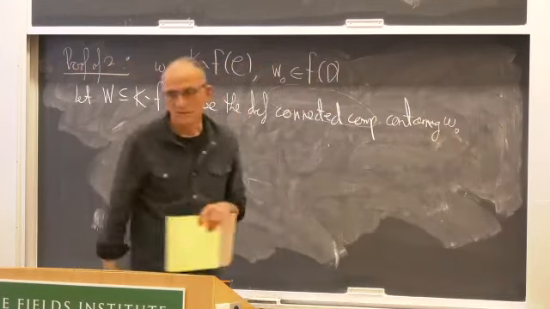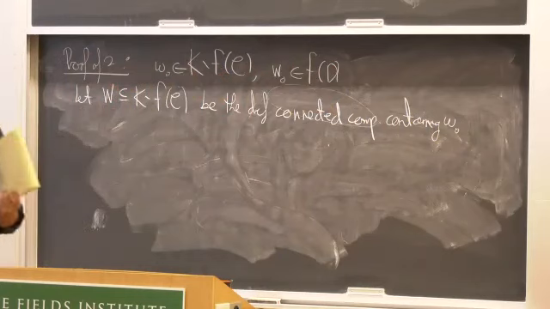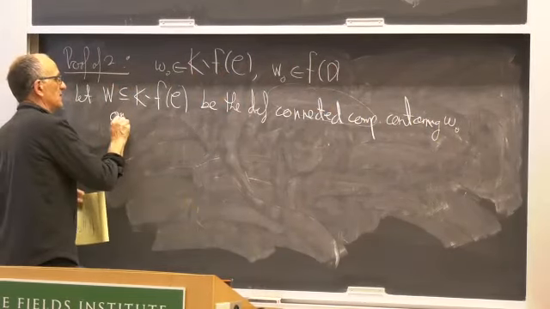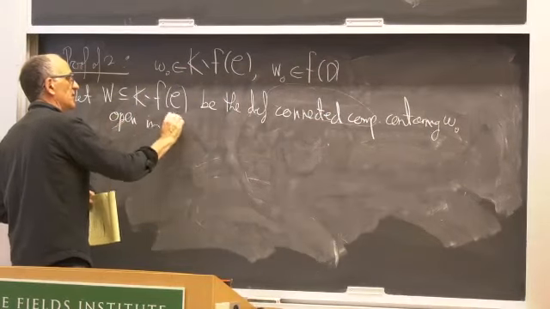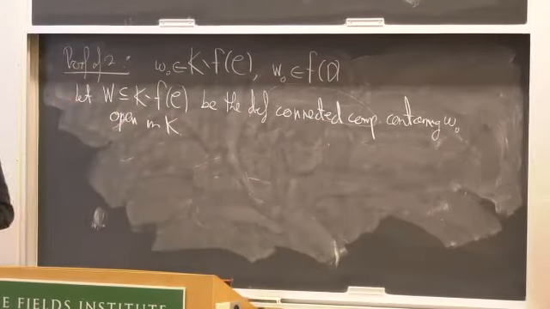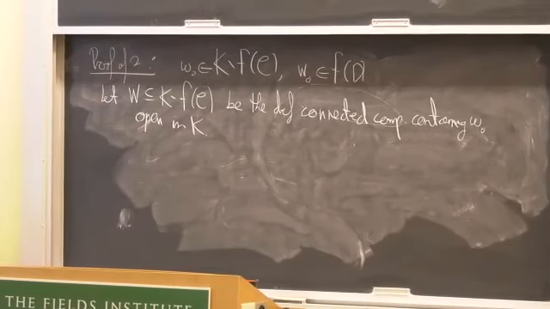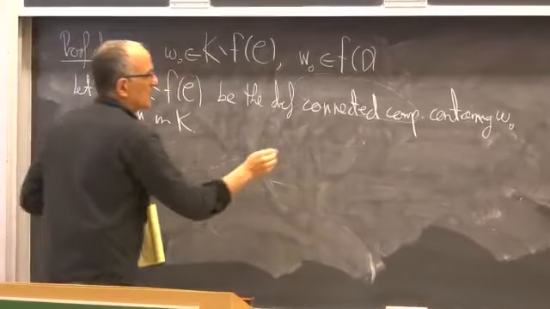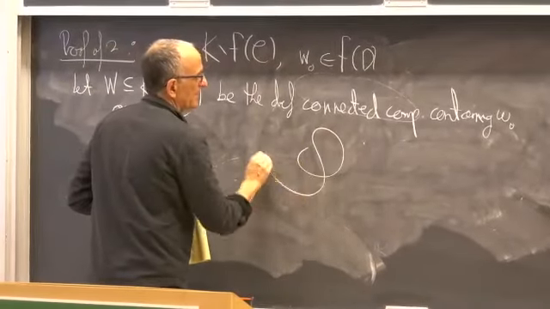And because f of c is closed, the connected components are open. So this is open in K or in R2. And W0 is in it, right? So we have the picture is maybe something like that.